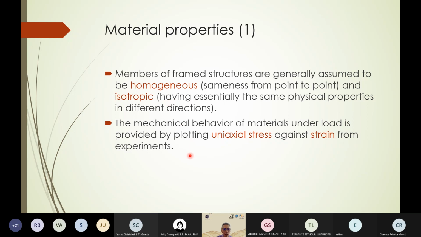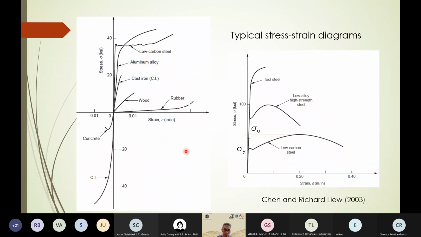Well, how to obtain the mechanical properties? The mechanical behavior of materials under load is normally provided by plotting axial stress against strain from experiment. So it should be from experiment. This is some typical stress-strain behavior of different materials.